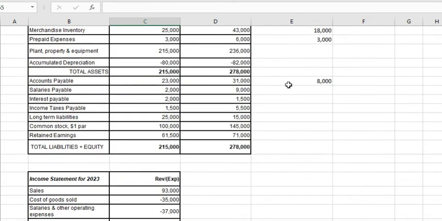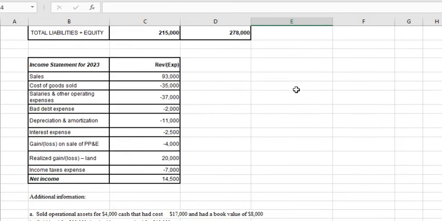And then we are going to review salaries payable. Salaries payable also increased by $7,000. That means that's something we haven't paid, and it's going to increase our cash. Since we are not paying, it's going to increase our cash. So that's $7,000.